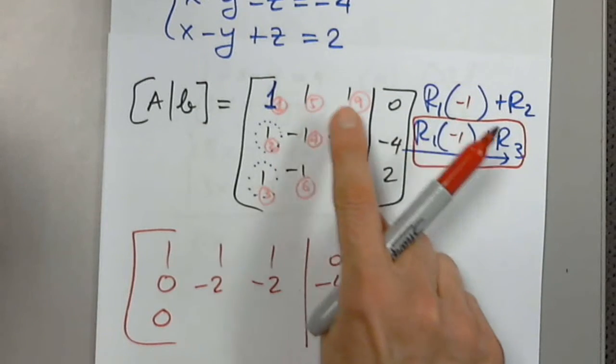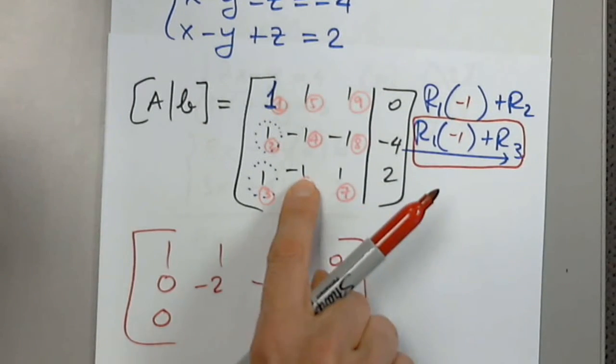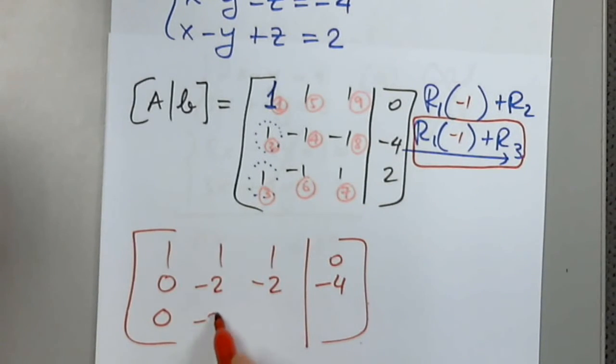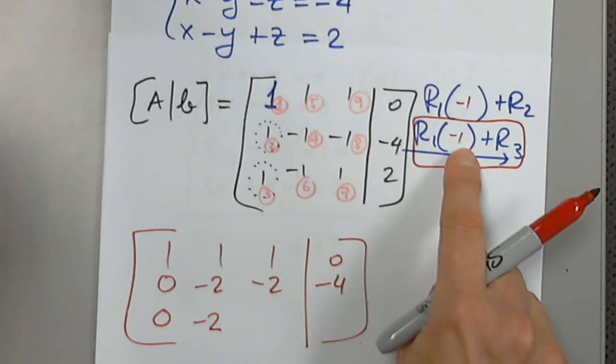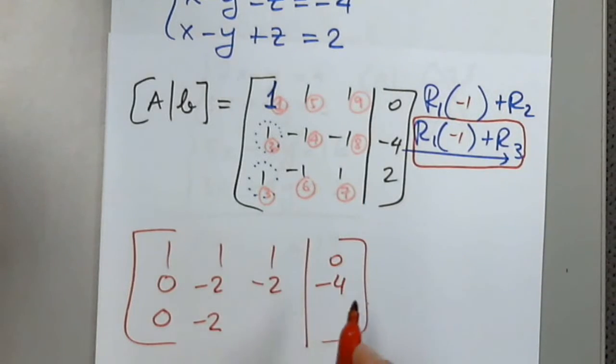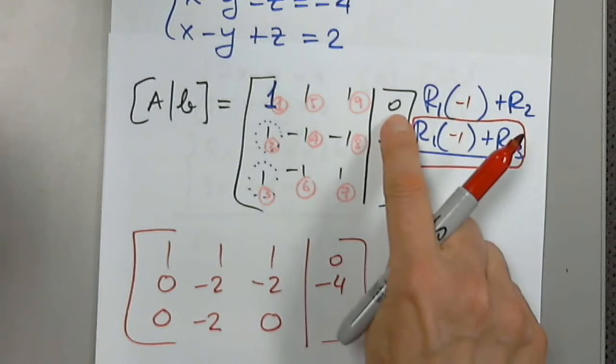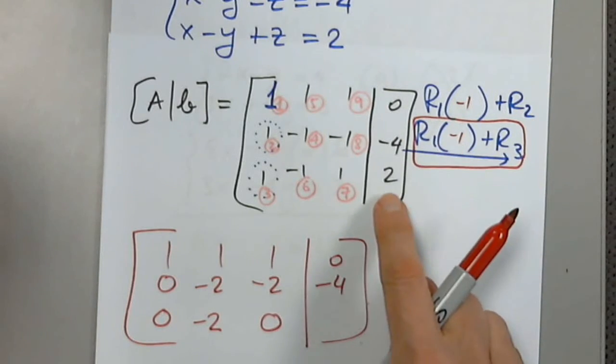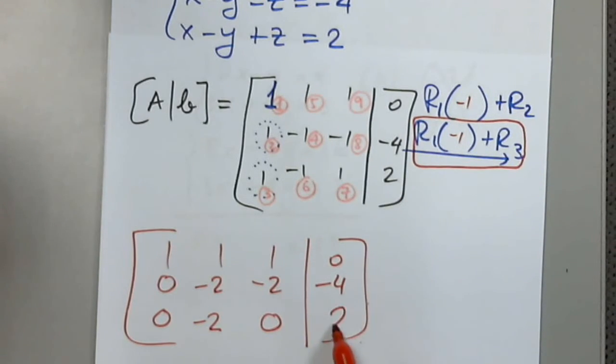Awesome. This times this plus this. -2. This times this plus this. 0. Awesome. This times this plus this. 2. Awesome. So all this is done.